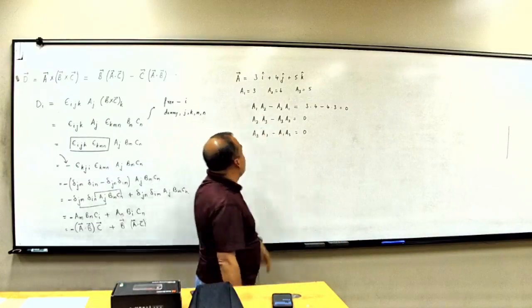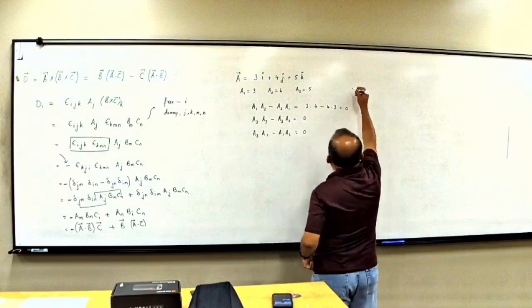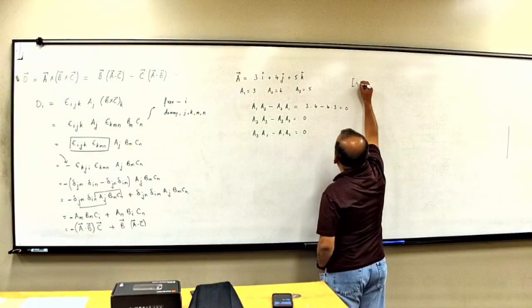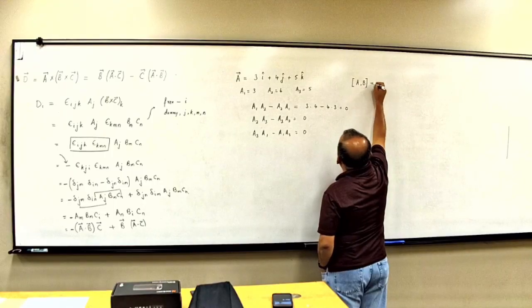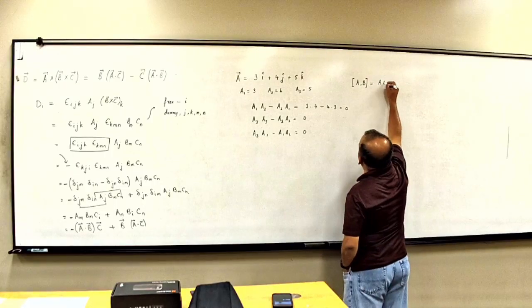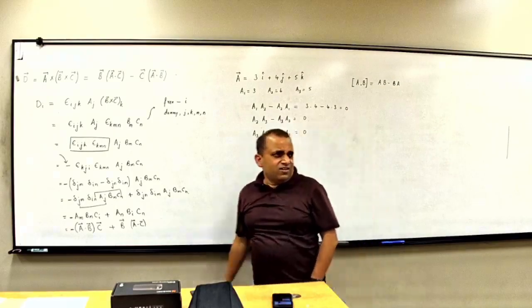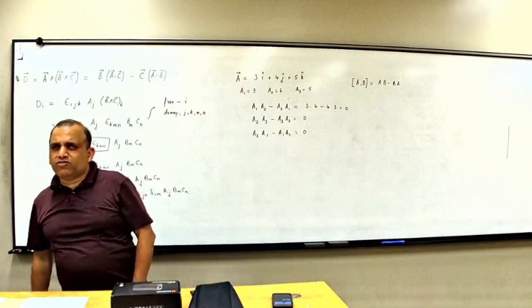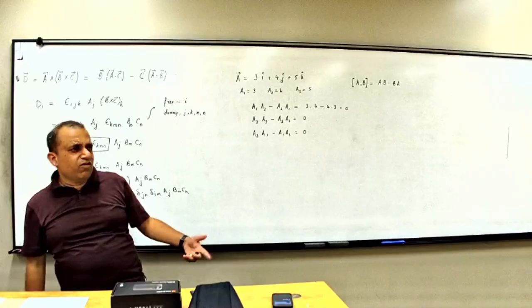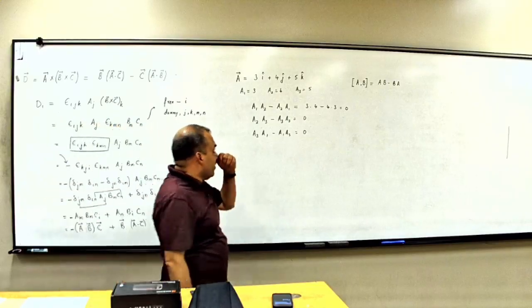So I'm going to define an operation which means [A, B] is equal to A times B minus B times A. Where have you seen that kind of operation before? Quantum mechanics, right?